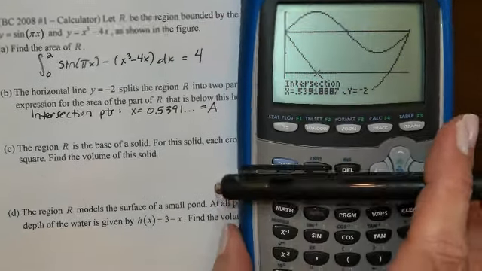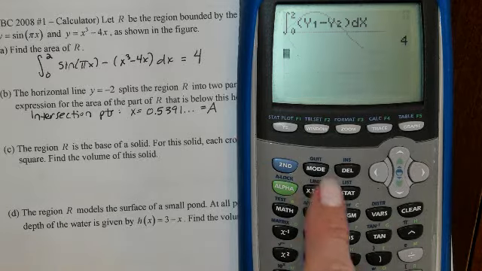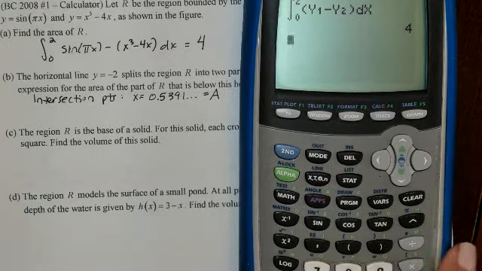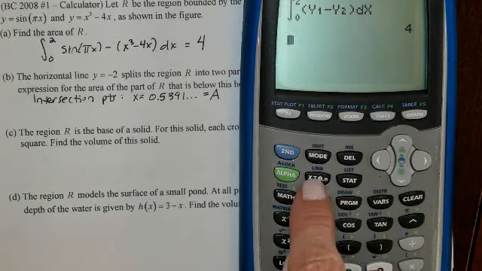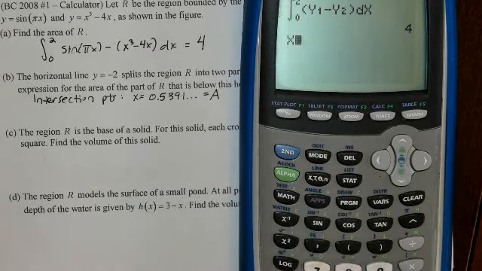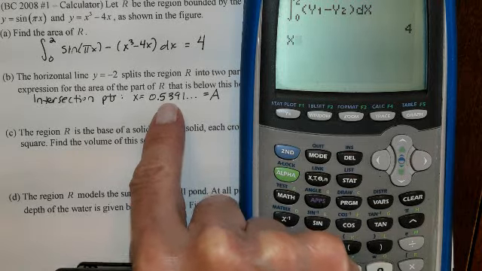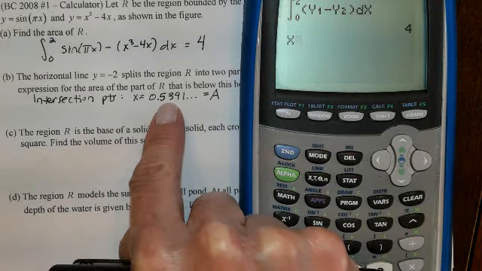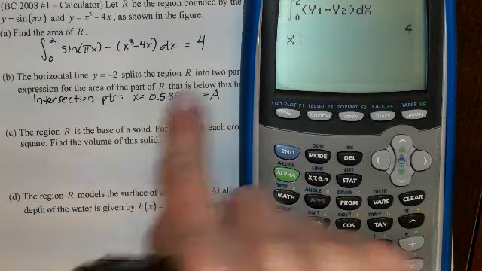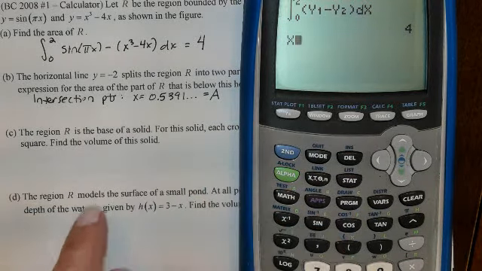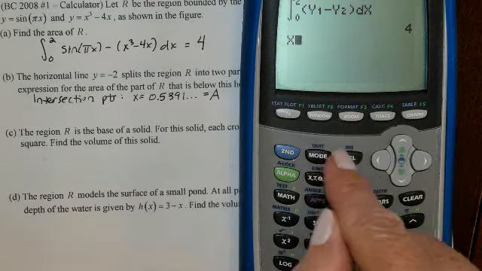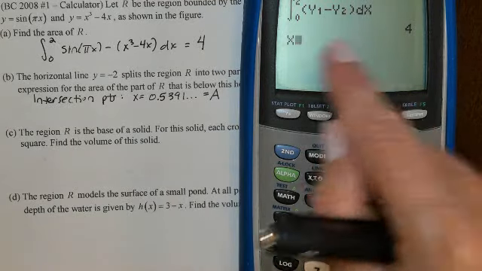So let's see what I do to do that. I'm going to go to my home screen. Right now, stored in for X is that 0.5391. The calculator thinks that's X. It'll lose it though as soon as I trace something else on my graph.